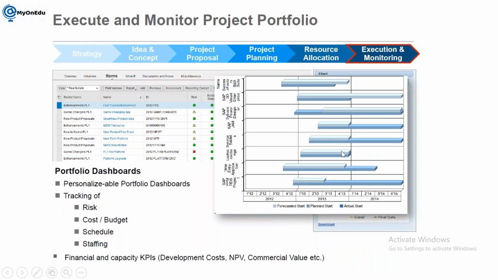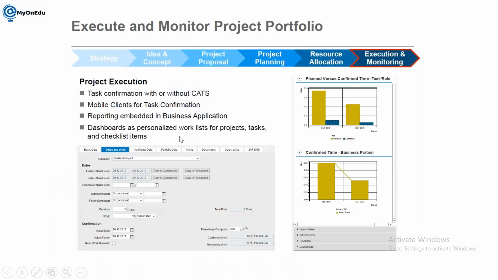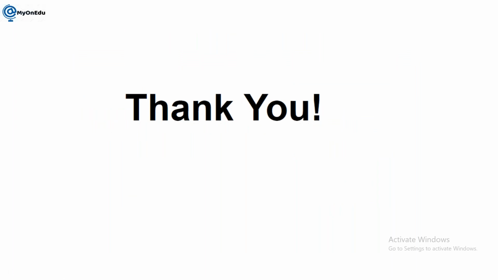These are some of the screenshots which I've taken from the execution side. So execution, see here in this screenshot, is shown in the project portfolio management side only. But here the project system will also be involved to manage your accounting part. Okay. So thank you.